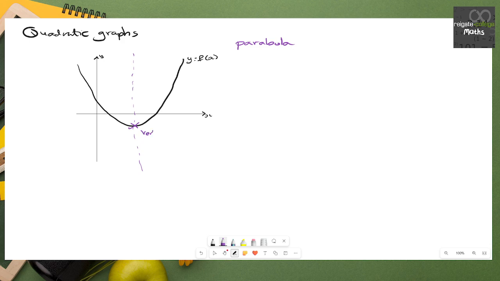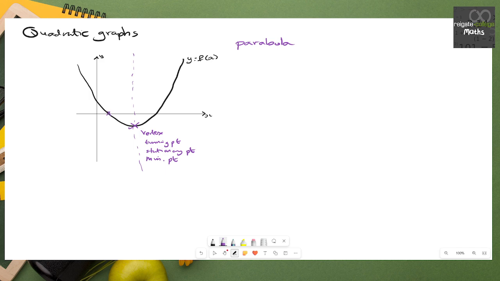This is the vertex as we've seen in previous videos, but this may also be called a turning point because the graph turns, a stationary point, which if you've seen differentiation before, you'll know what that means. If you haven't, it's something you'll do a little bit later on in the course. You may also see this referred to as a minimum point, because that's what it is.